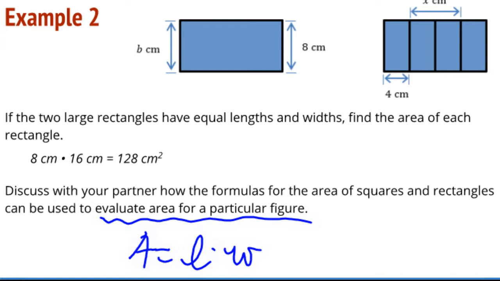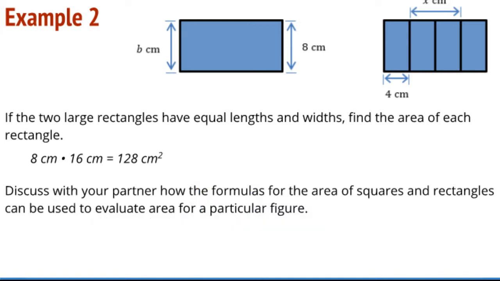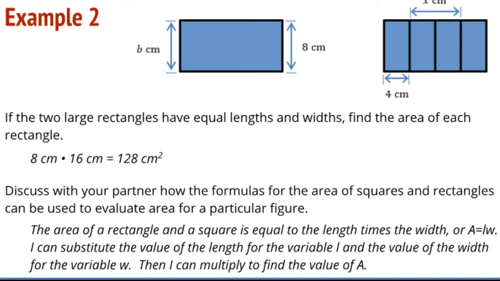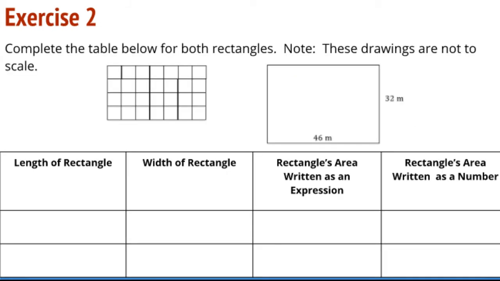I can substitute the length for L, I can substitute the width for W, then I can multiply. So the area of a rectangle or square is equal to length times width. Substitute the value of the length for the variable and the value of the width for the variable, then I can multiply to find the value of A.